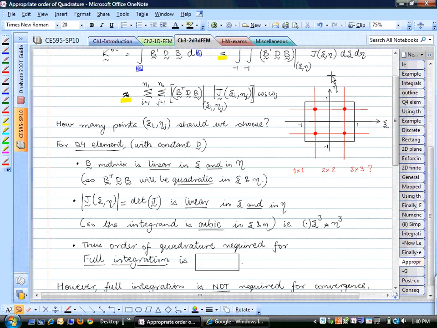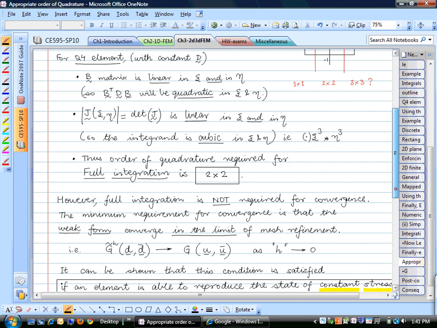Let's forget about eta for now. I have something that depends upon Xi cubed. So what order of Gauss quadrature should I use to integrate it in Xi cubed? 2. So the same thing holds for eta also. Therefore, we need 2 cross 2 Gauss quadrature to do full integration. Okay. Full integration is 2 cross 2.